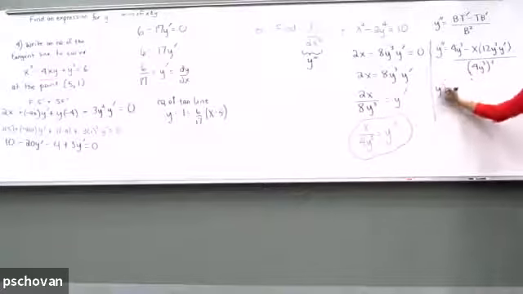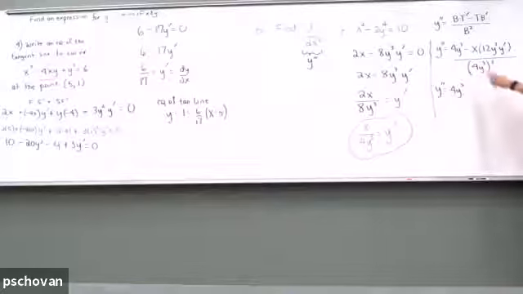So we have y double prime is 4y cubed. Let me write this as minus 12xy squared. Now I'm substituting out this y prime for that, x over 4y cubed.